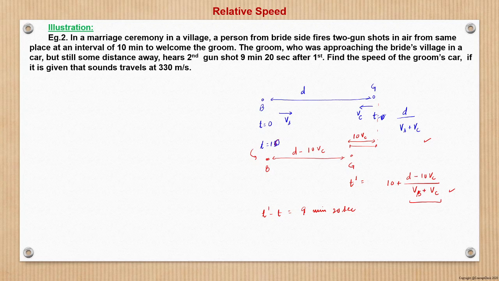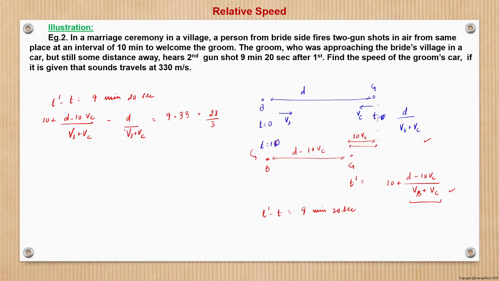So that means it is given that t dash minus t is equal to 9 minute 20 second, and t dash is nothing but 10 plus (d minus 10 vc) upon (vs plus vc), minus t, which is equal to nothing but d upon vs plus vc, and this is given as 9.33 we can say, right? Or nothing but 9 whole 1 by 3, that is 28 by 3.